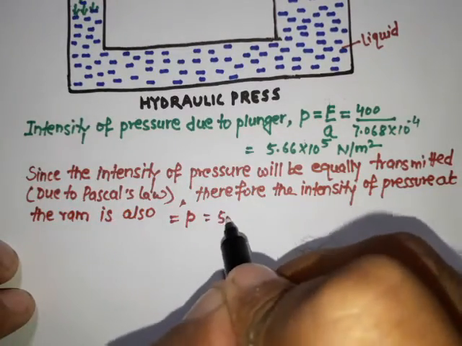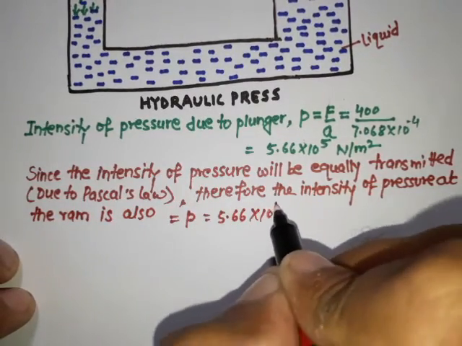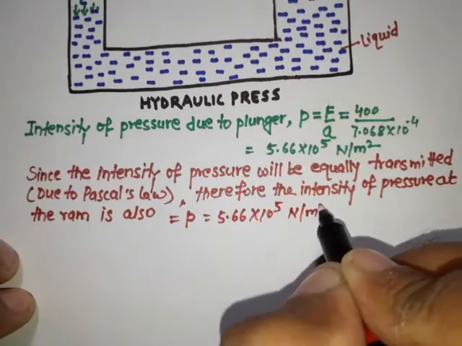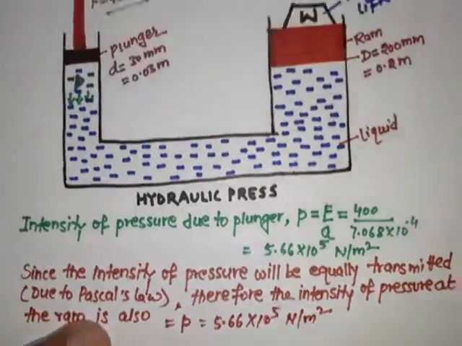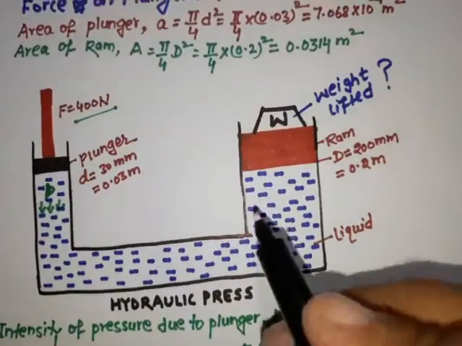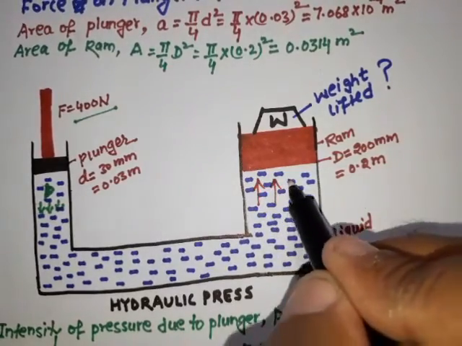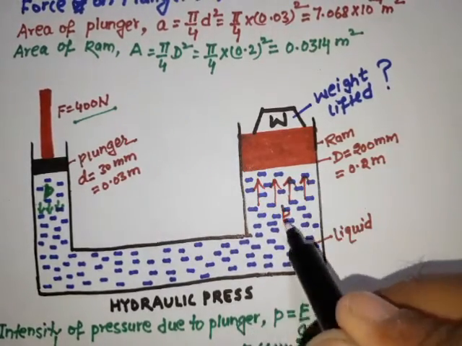So that is 5.66 into 10 raised to power 5 Newton per meter square. This is acting in upward direction, that is the P.